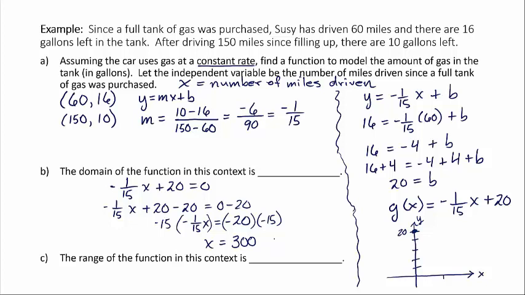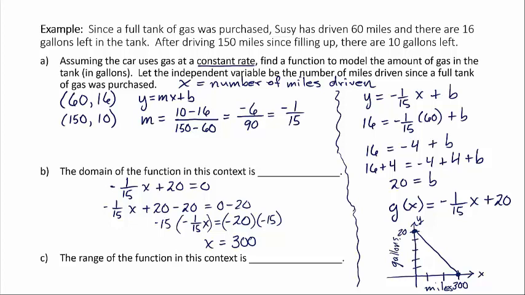Okay, so that means the x-intercept is out here at 300. So doing a very rough freehand sketch of this, that's essentially the piece of the function that we know something about, right? The number of miles that we can drive on a tank of gas. The range gives us the gallons of gas in the tank, right? So the x-axis here is the miles, and the y-axis is the gallons in the tank.